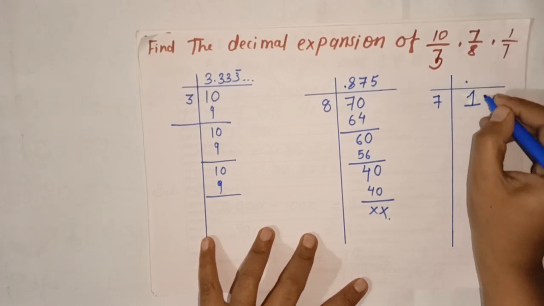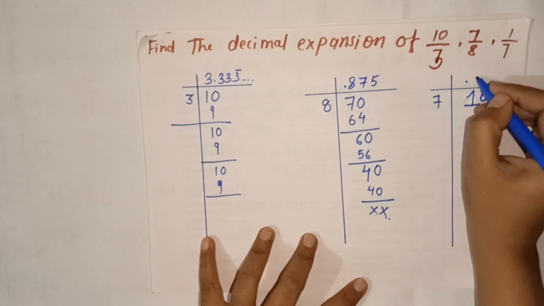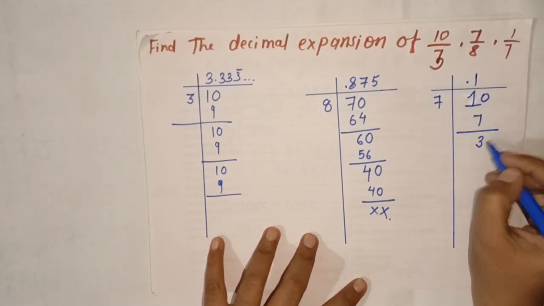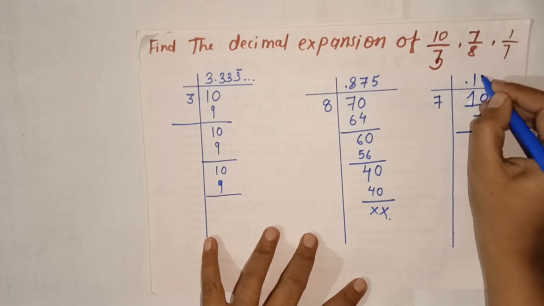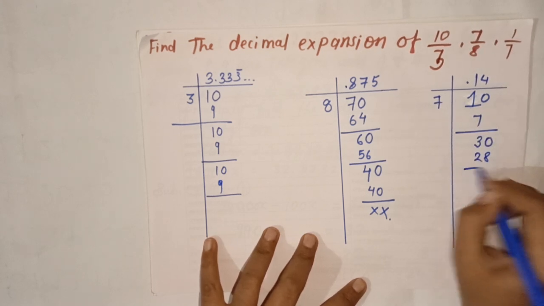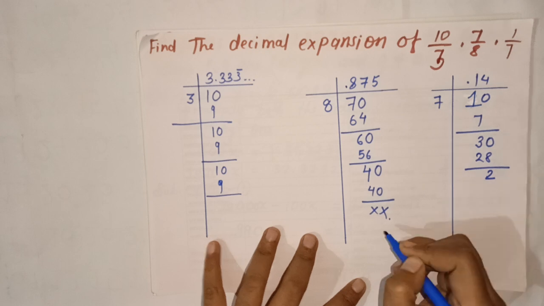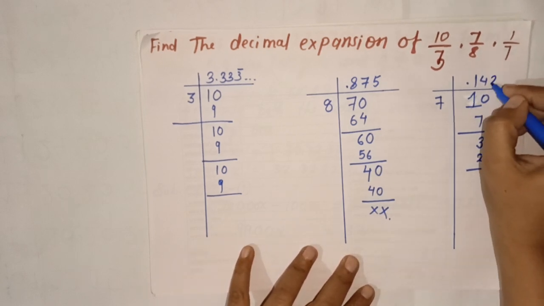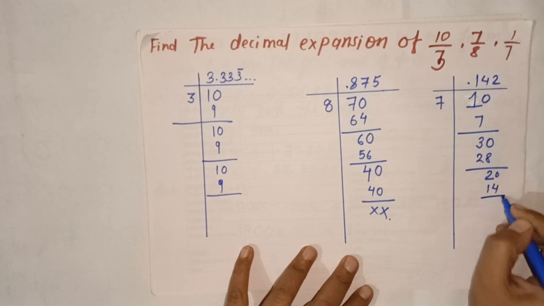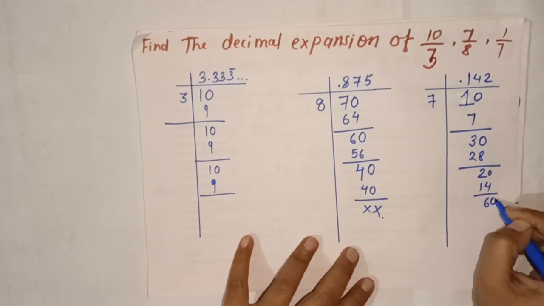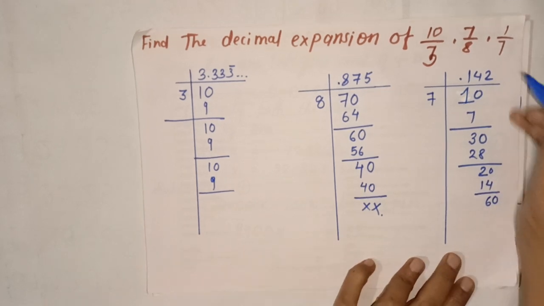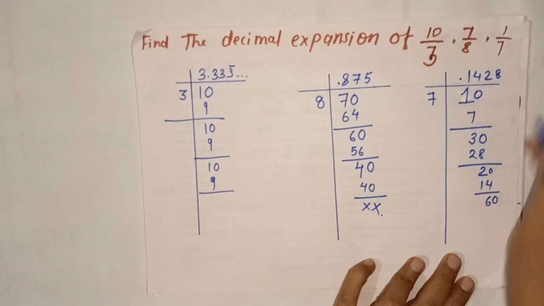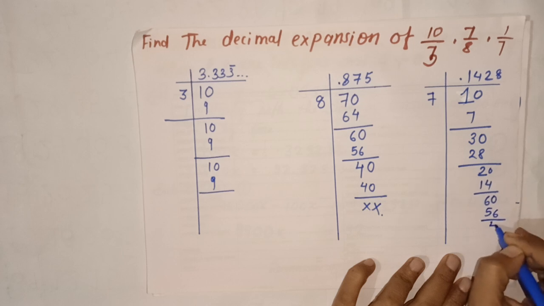Now the next number: we have to divide 1 by 7. So again we put a decimal and add 0. 7 1s are 7. We are going to get 3 and again we put 0. 7 4s are 28. Again we got 2 and again we put 0. 7 2s are 14. Now we are getting 6. Again we put 0. 7 8s are 56. We are getting 4.